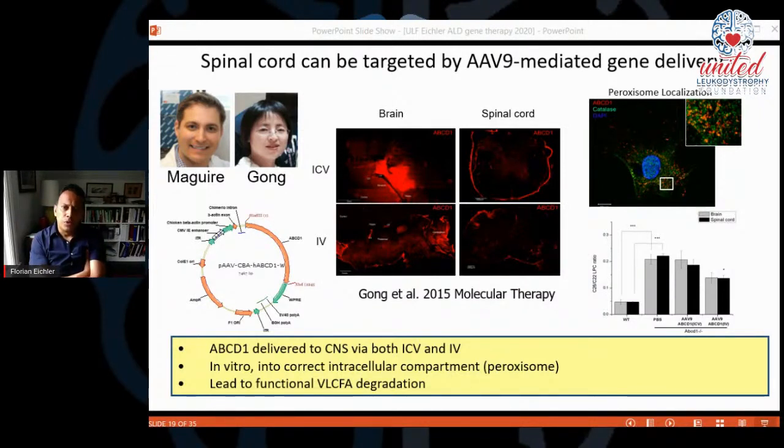We know that because we looked at co-localization with the peroxisome and also were able to show lowering of very long chain fatty acids, both in vitro and in vivo.